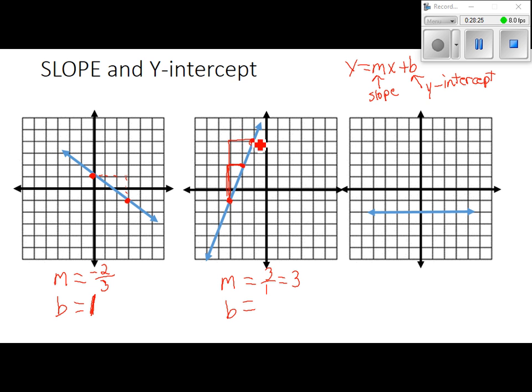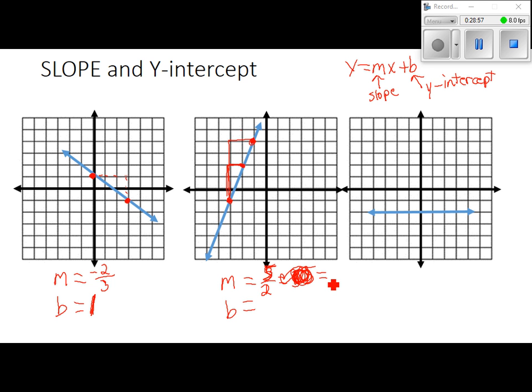It'd be about there instead. So instead of 3 over 1, what's it going to be? 5 over 1? Oh, it was over 2, wasn't it? So 5 over 2, that's 2.5. Do we usually want to change that to 2.5? Usually you want to leave it as 5 over 2, if it's slope.